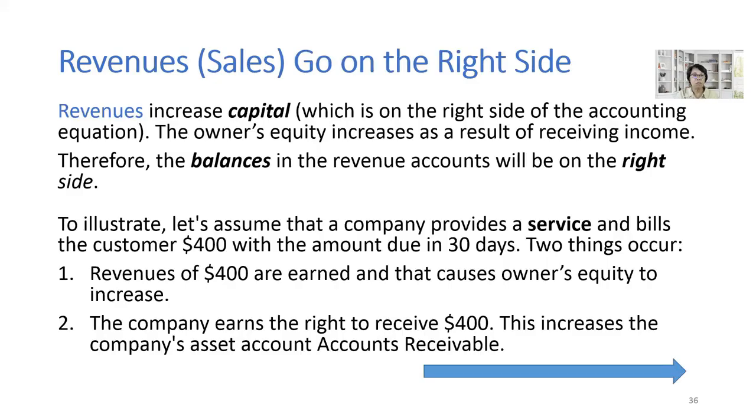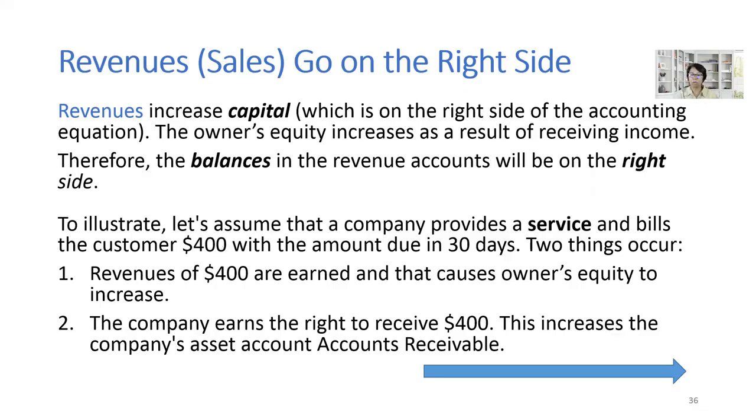Okay, so revenues go on the right side because revenues increase capital. Now, this is a little tricky concept. Just remember, revenues increase capital. So let's assume a company provides a service and bills a customer $400.